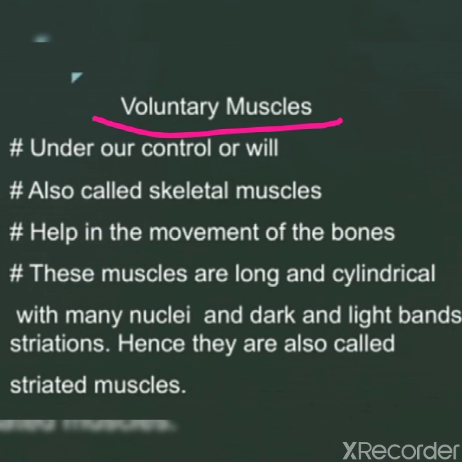These muscles are also called skeletal muscles, as they are attached to the bones. Clear, children? These muscles help in the movement of the bones.